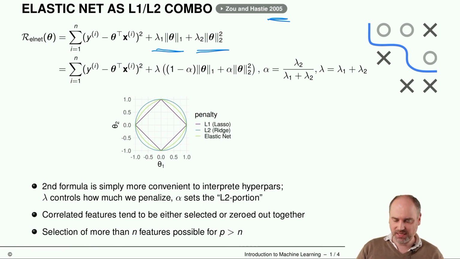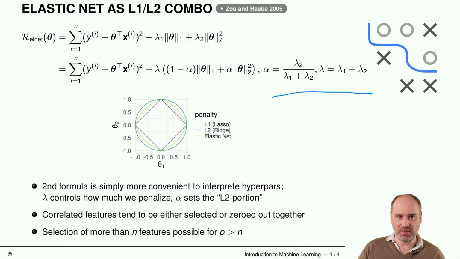The second formula here on the slide simply says that you can rewrite the sum of these penalties in a different way. This is really straightforward. This second form just reparameterizes things, as you can see here, now with an alpha parameter and a lambda parameter without an index.